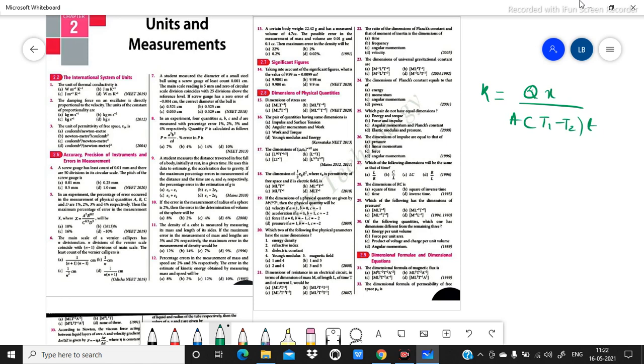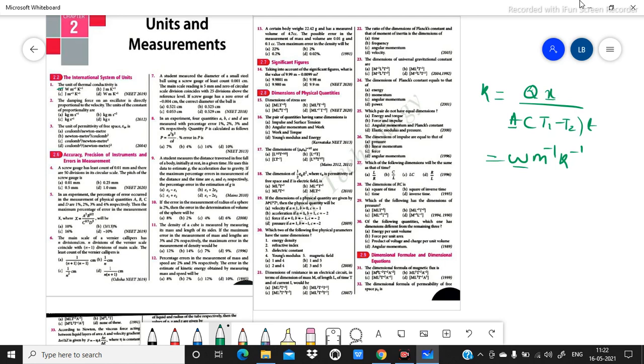So Q upon t is what? Meter inverse, because here meter squared, here meter, so meter inverse, Kelvin inverse, and Q upon t gives me what? So the correct answer is A.